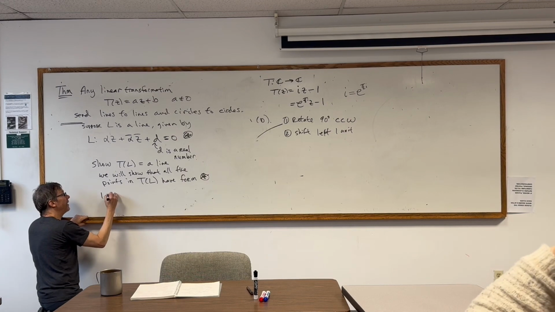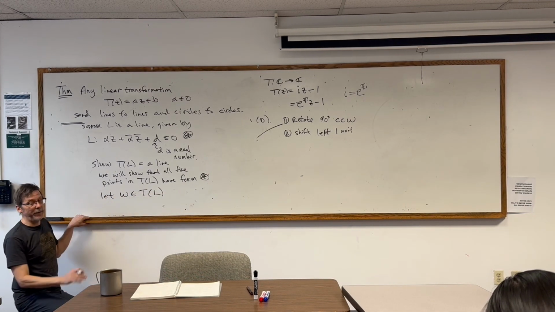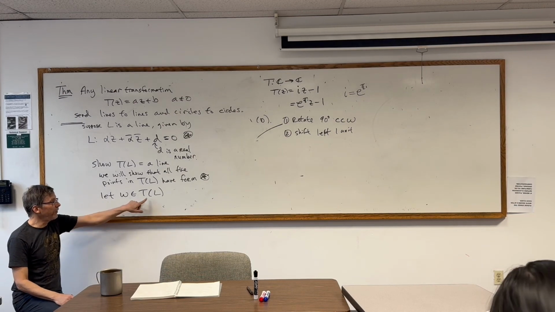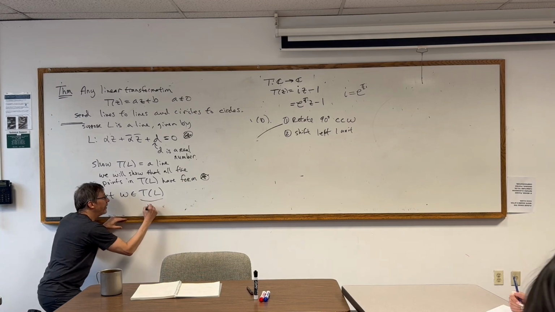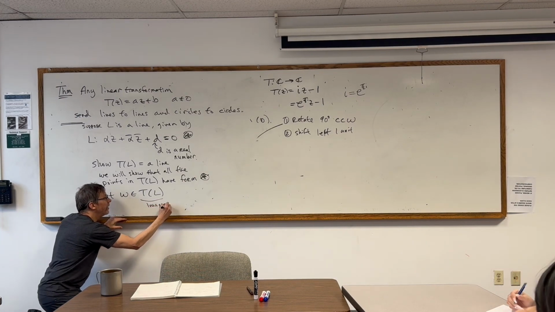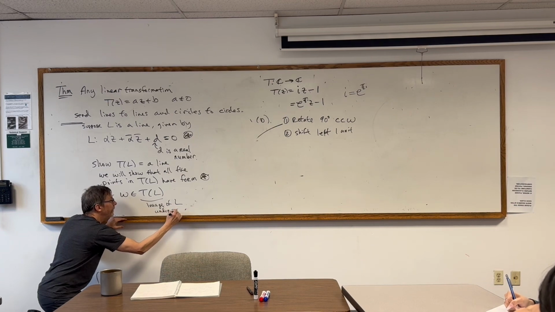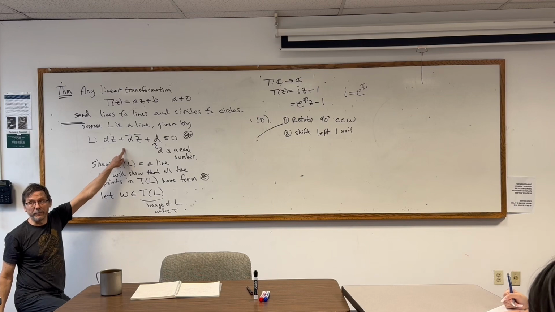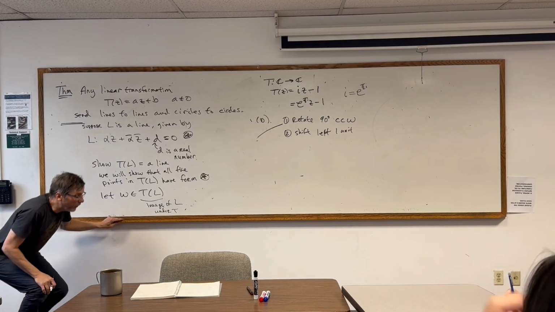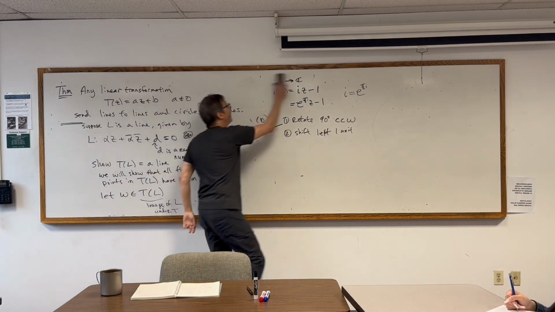So let W be a point in the output. So W is an element of the image of L, the image of the line under T. And I'm going to show W satisfies some equation like this. It's actually pretty straightforward and kind of a nice proof.